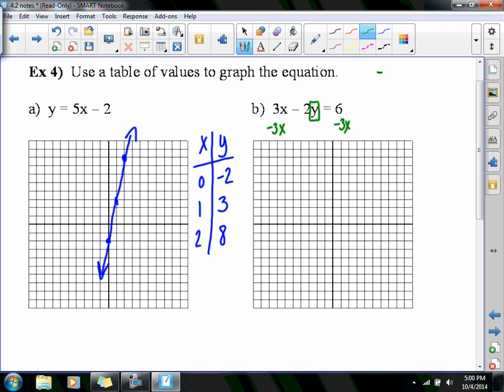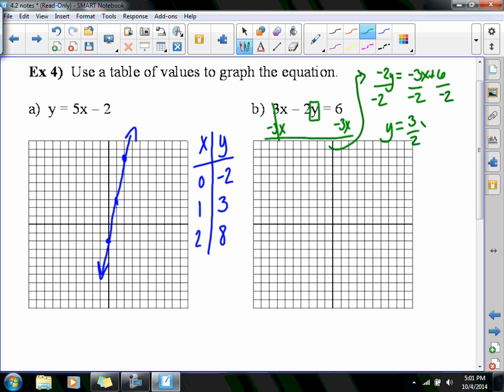So then I'll have negative 2y equals negative 3x plus 6. So I'm kind of finishing my work over here. And then I still have to divide everything by the negative 2 so that I can get the y all by itself.